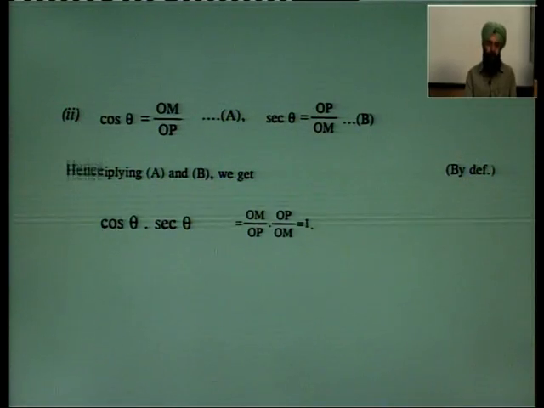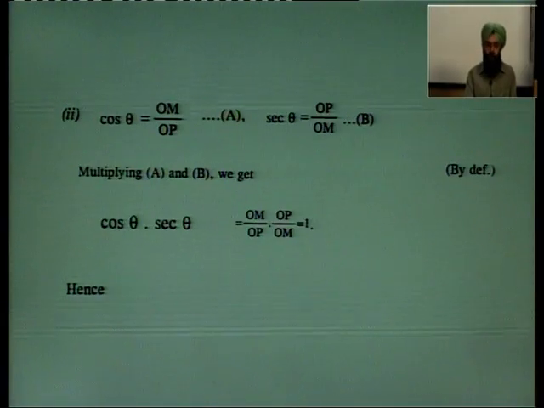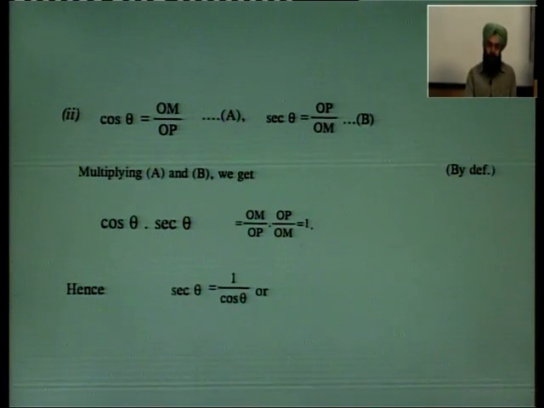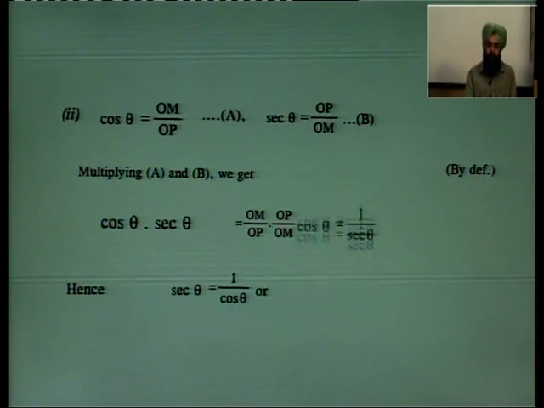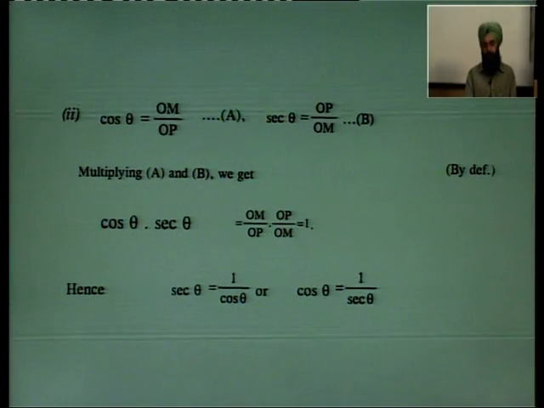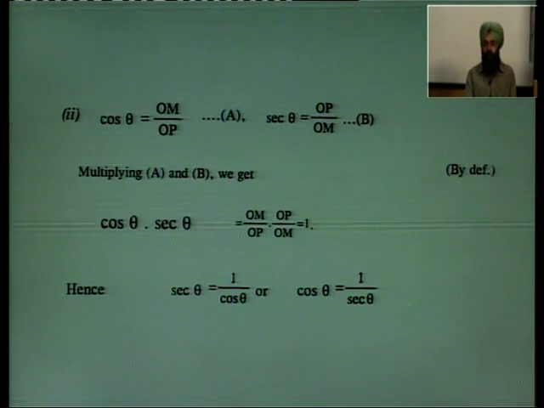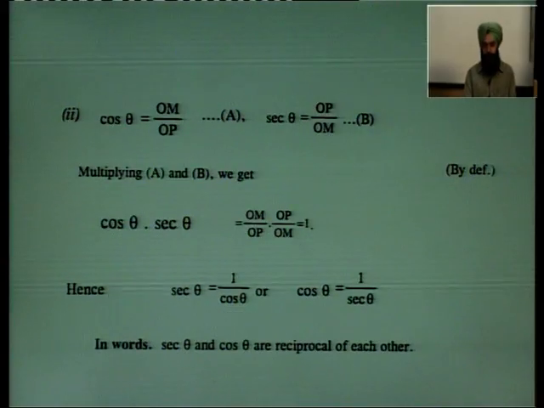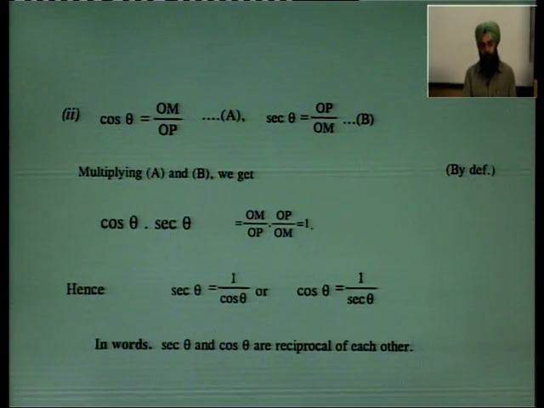Therefore, we prove that cos theta into secant theta is equal to 1, or secant theta is equal to 1 over cos theta, or cos theta is equal to 1 over secant theta. In other words, secant theta and cos theta are the reciprocals of each other.